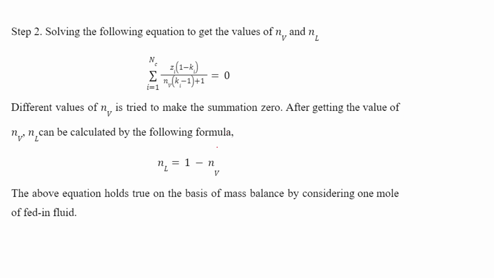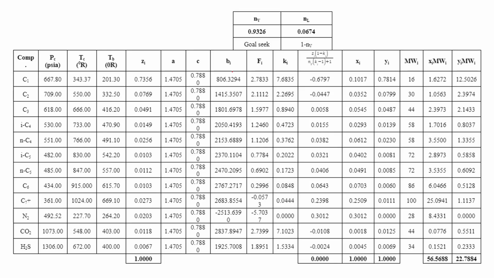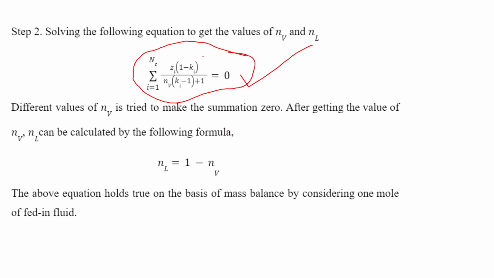According to that, we can use this summation equation to find the value of Nv, that is the number of moles in the vapor phase. Already sir has described the steps of how we reach this equation. So when we do the goal seek, at that time we put these values, solve this equation and equate it to 0. When this value is reached, from that we can find the values of Nv and Nl.